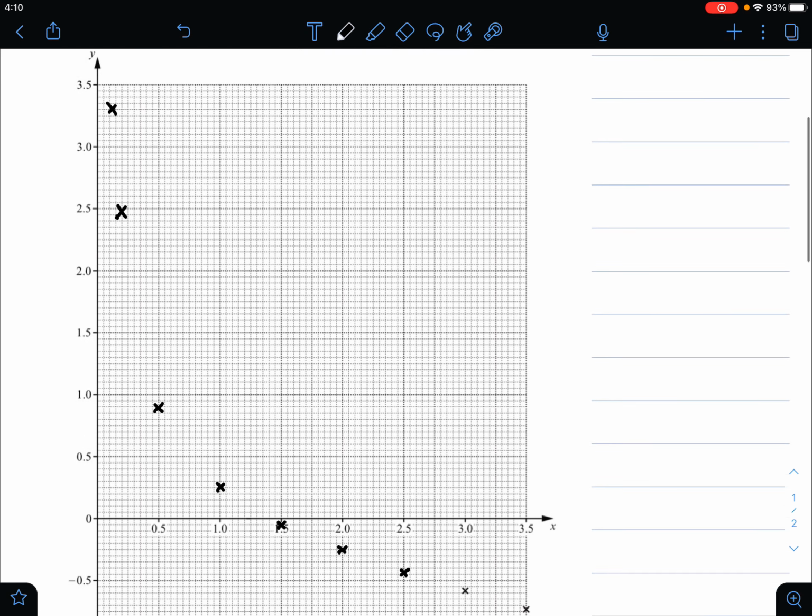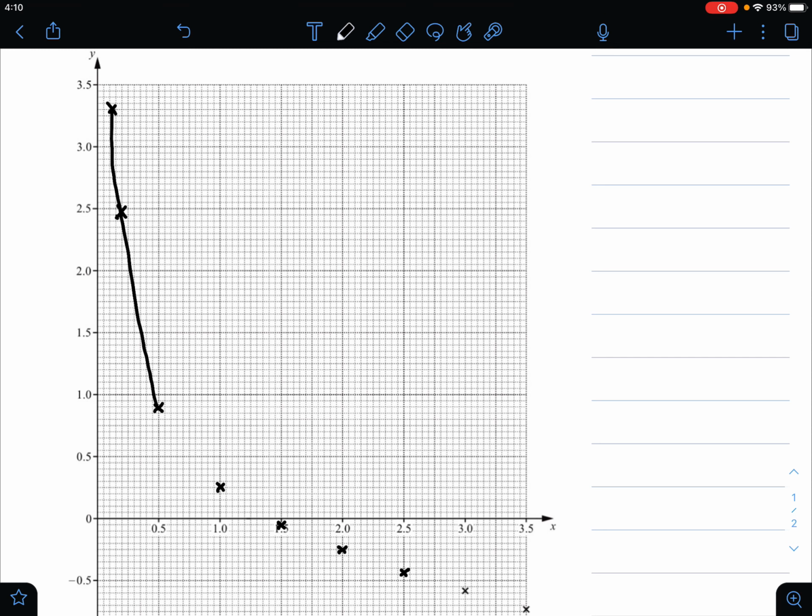So now all you need to do is connect all the points, and make sure you use a pencil for this and try to use a freehand action so that you get a more accurate graph.